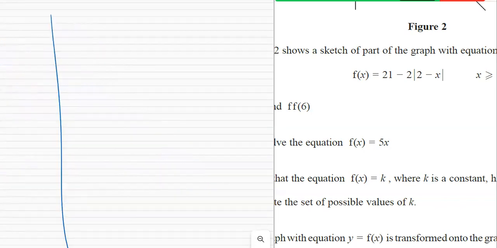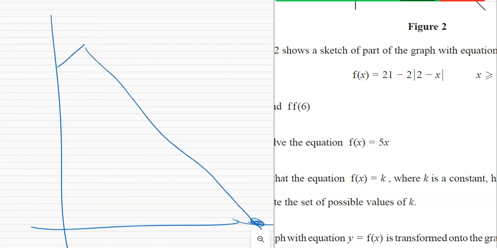I'd have to draw a super long line. So it's still just got one root. So the only way to get two roots is between here and here. From this point to this point is where it has exactly two roots.